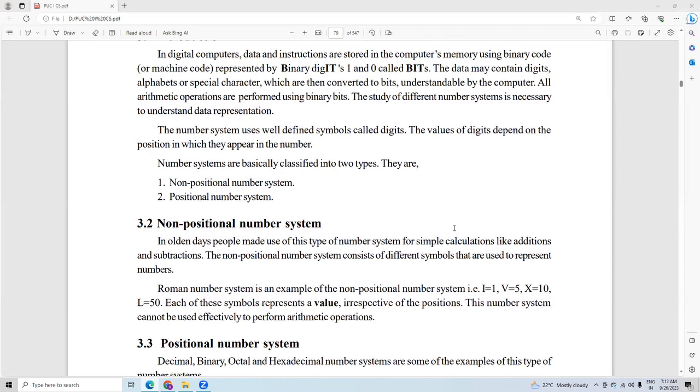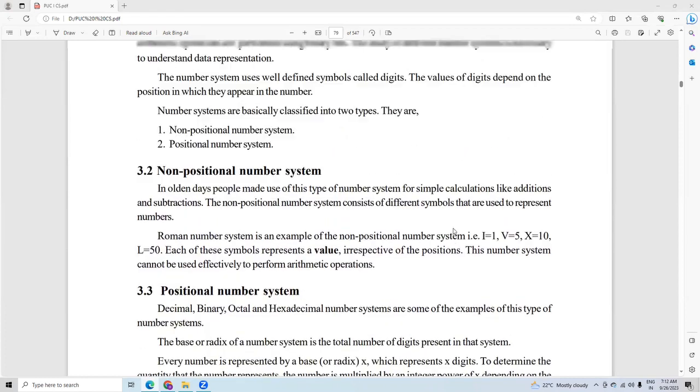So there are basically two types of number system: non-positional number system and positional number system. In the non-positional number system, in the olden days, people used to use this kind of number system for doing simple calculations like addition and subtraction.